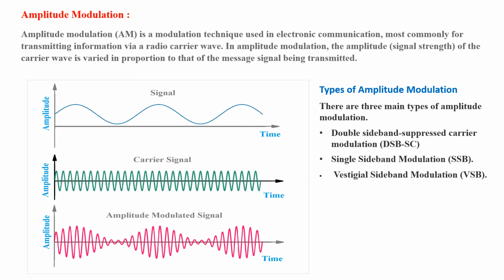Amplitude modulation types are double sideband suppressed carrier modulation, denoted as DSB-SC. The second classification is single sideband transmission, named SSB, and the third one is vestigial sideband modulation, named VSB.